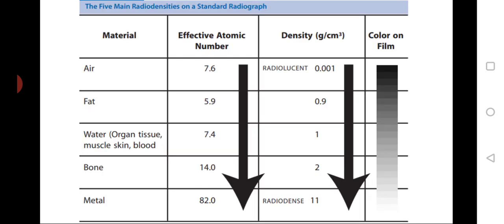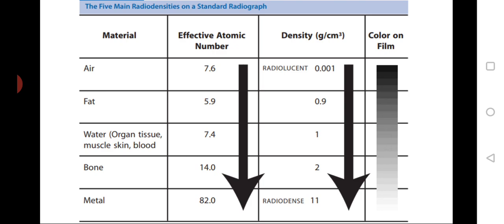So we are measuring here how much of the rays get through. So now you probably think on what it depends how much light gets through. It depends mainly on the density of the tissue.